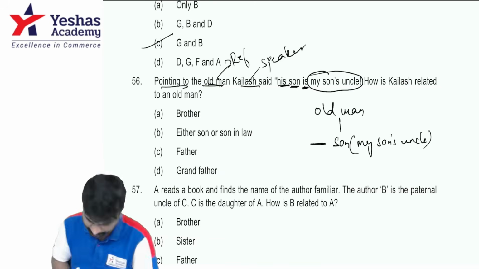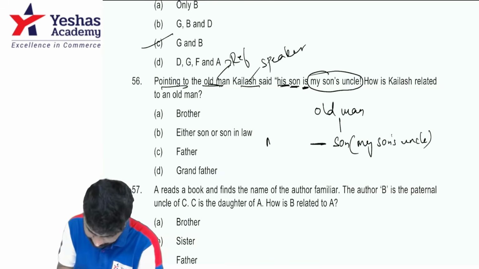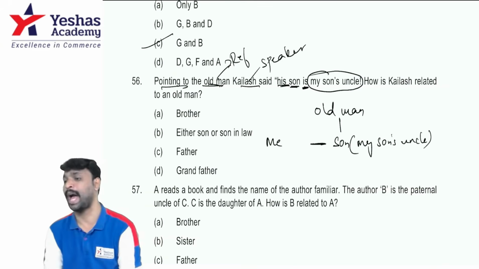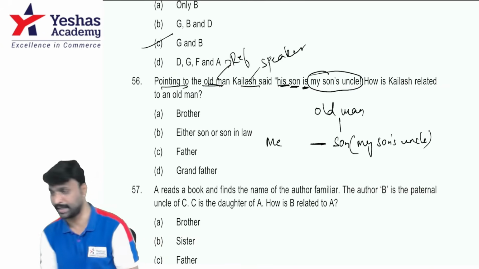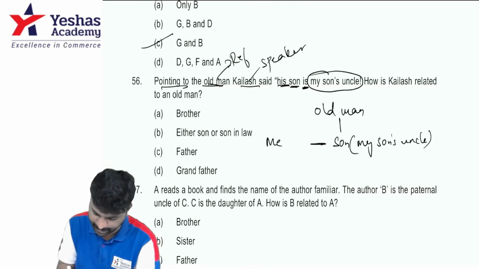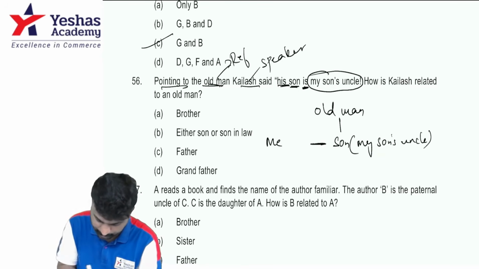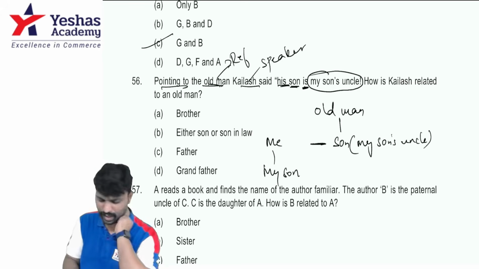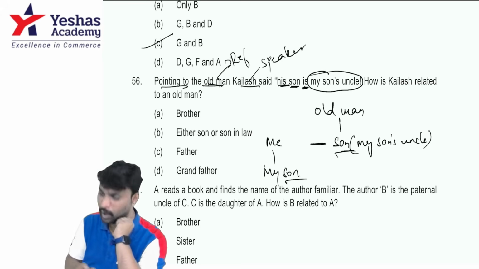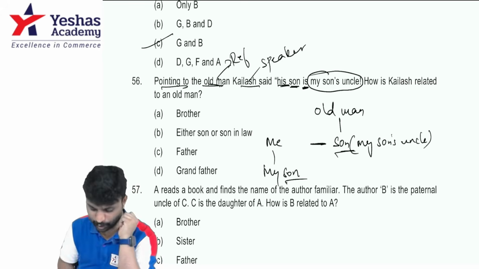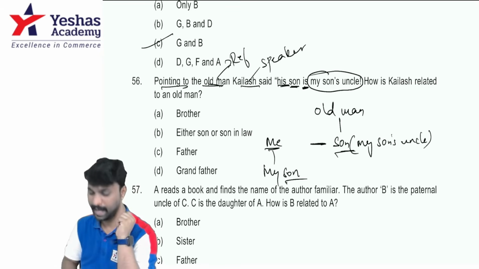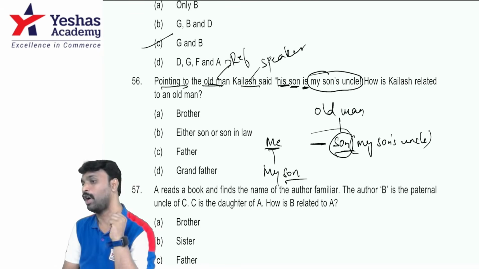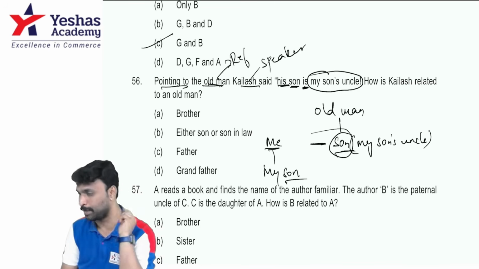Myself could be his brother, or myself could be his brother-in-law. So where is my son? My son will be here. Obviously, to my son, this fellow will become uncle. Have you understood? So having said, myself could be this fellow's brother or this fellow's in-law also, brother-in-law also.